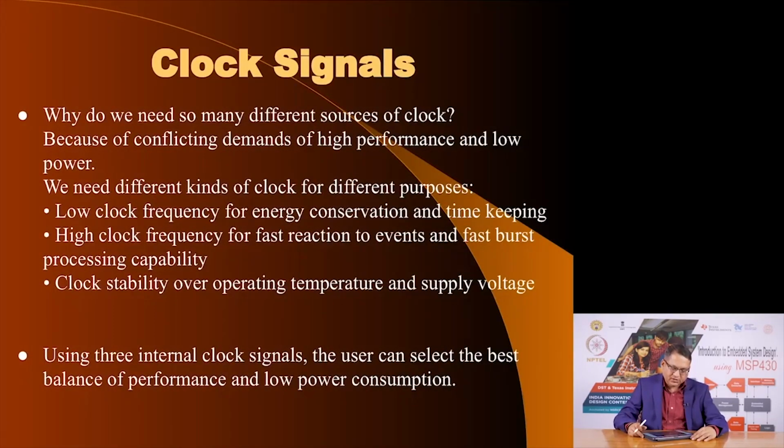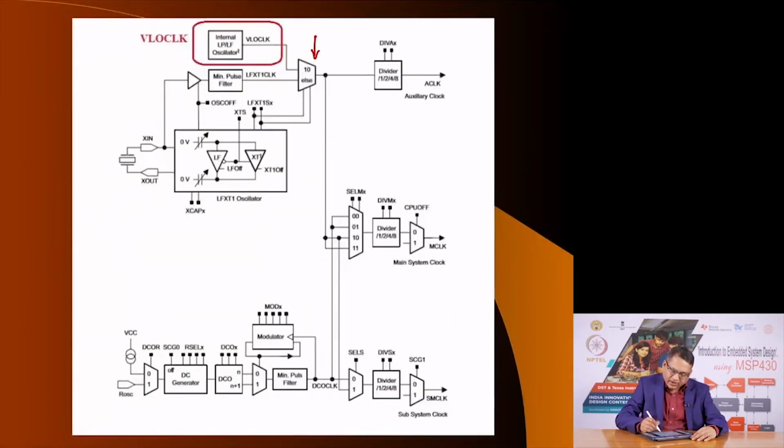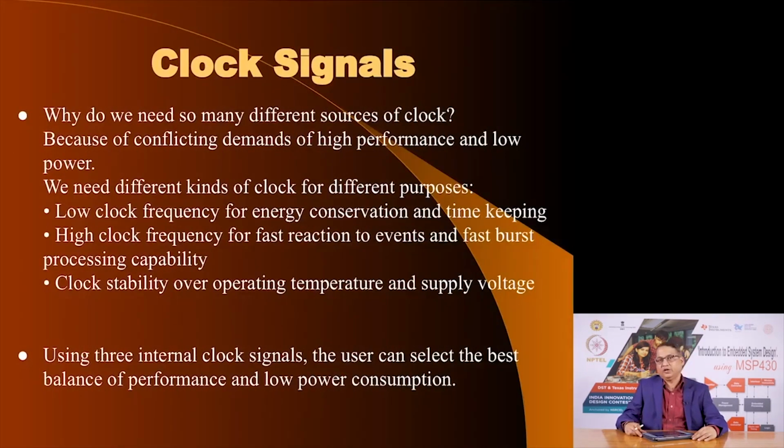Now, the question is, we have seen here that we need an auxiliary clock, we need a main system clock and we need a subsystem clock. What is the purpose of having multiple clock signals on a microcontroller MSP430? And the reason is low frequency operation is best for energy conservation. It is also good for timekeeping.